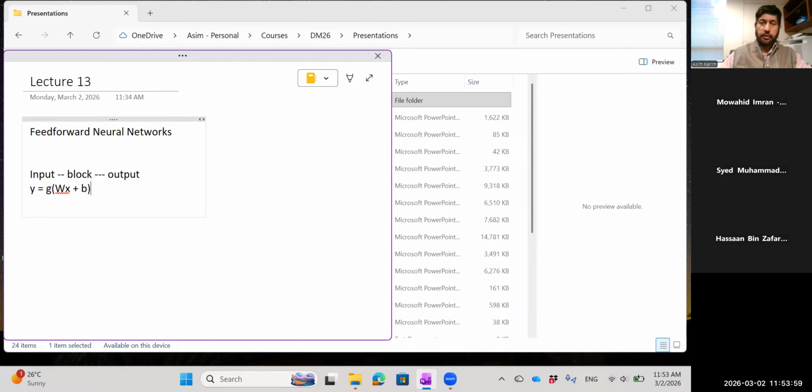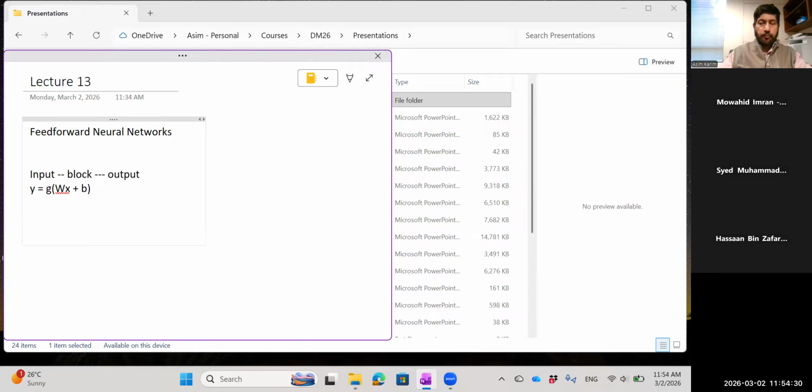And of course, if g is a linear function, or in other words, there is no g, then you can use this equation for regression. It will primarily be a linear regression model, which you have studied in many other classes before as well. So you have each parameter wi multiplied with each input xi plus a bias which you can call w0 or b in this case.